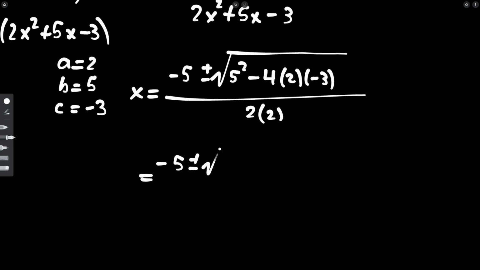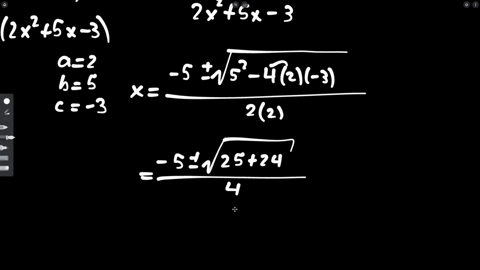This becomes plus or minus 25 minus, that's -8 times -3, -24. No, positive 24, right? Because that's 8 times -3. Yeah, positive 24. And that is over 4.